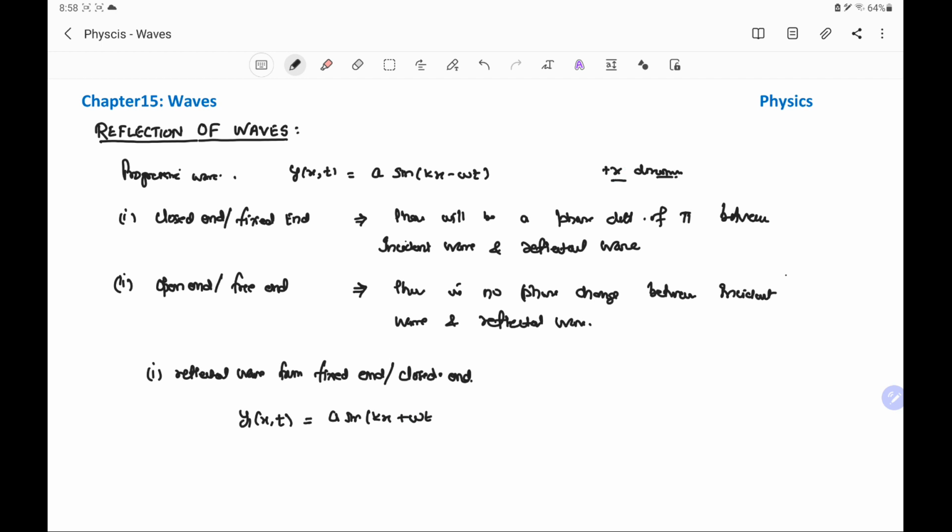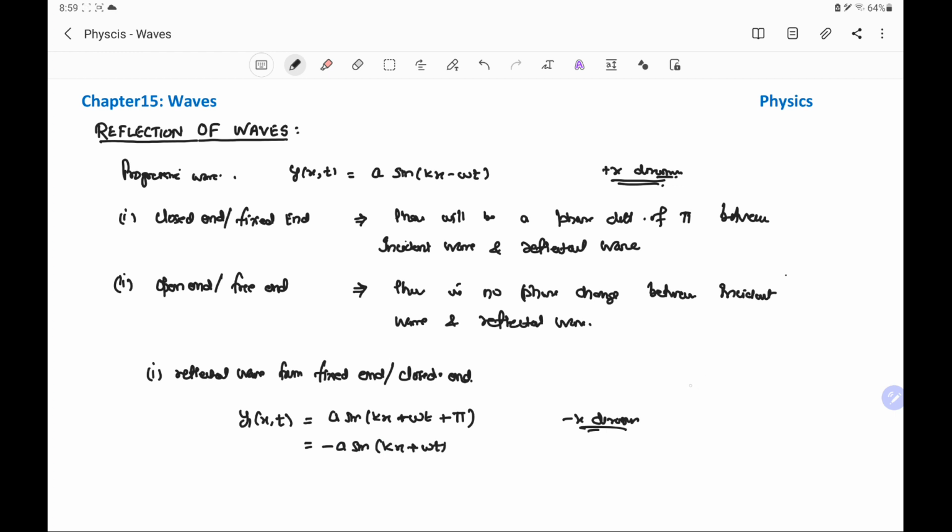Earlier the wave was moving in the plus x direction, and after reflection it will move in the minus x direction, so we take the plus sign. There is also a phase difference of π, so we add it. We can also write it as minus A sin(kx + ωt).